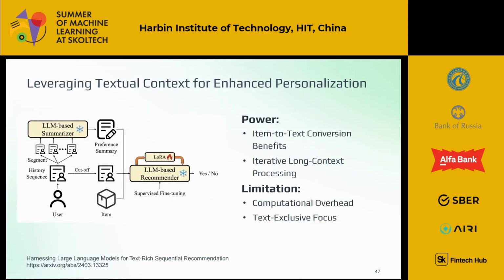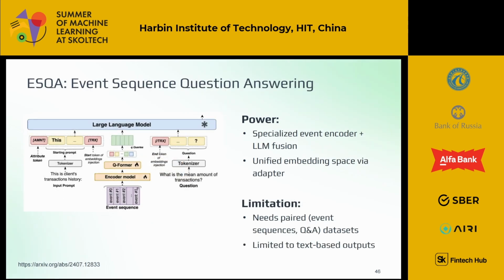The next way is to combine a language and a structural model. Here we have two different networks. One is for language, the second is for sequential data.